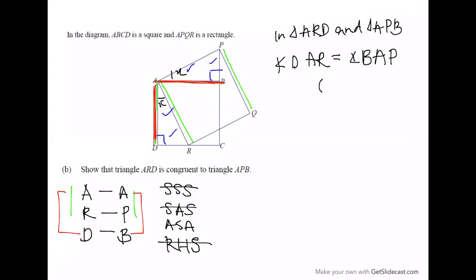This reason is shown in A. Second one will be the side AD to be equal to the side AB, because these are sides of a square.